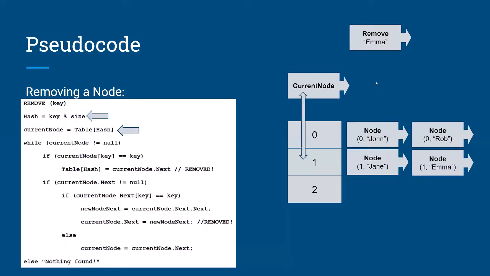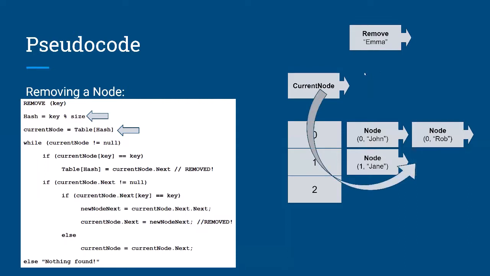And then it finds the location. And then it's going to be traversing through, since there is already a current node there. And then once it finds it, it removes it.